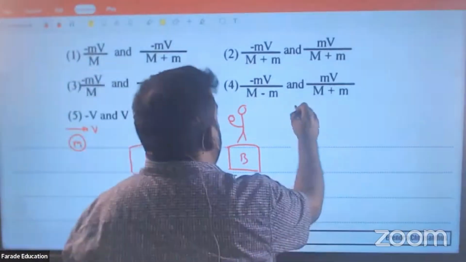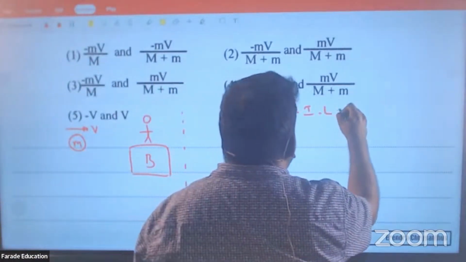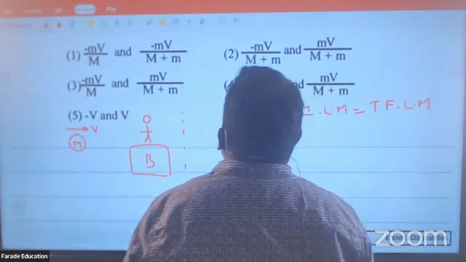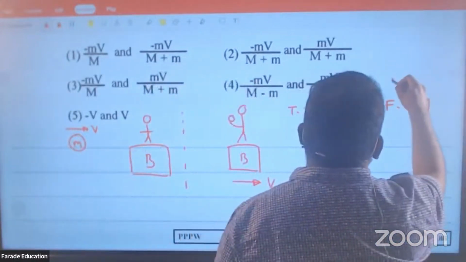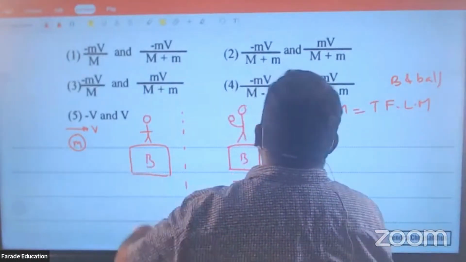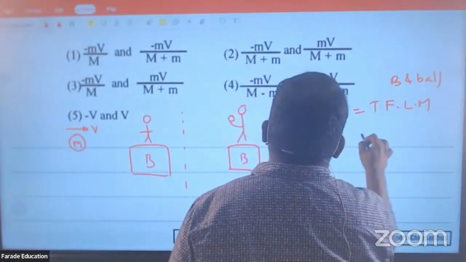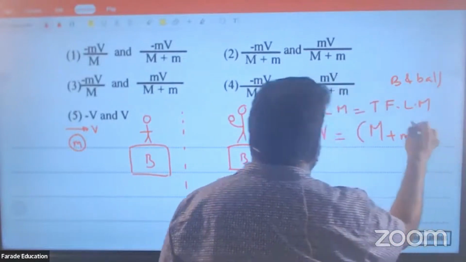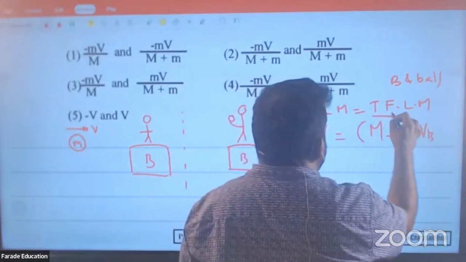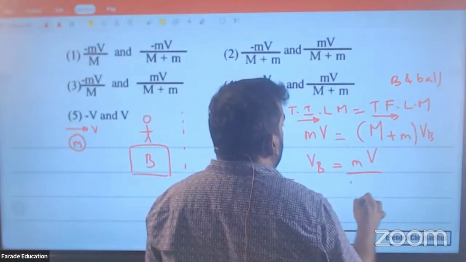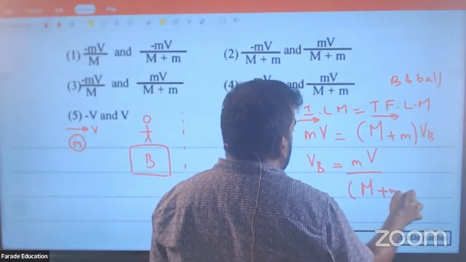If I apply total initial linear momentum equals total final linear momentum: initially, B and ball, the ball is coming with momentum mV. Finally, capital M plus simple m travel together in the same direction. So VB is equal to mV divided by capital M plus simple m.